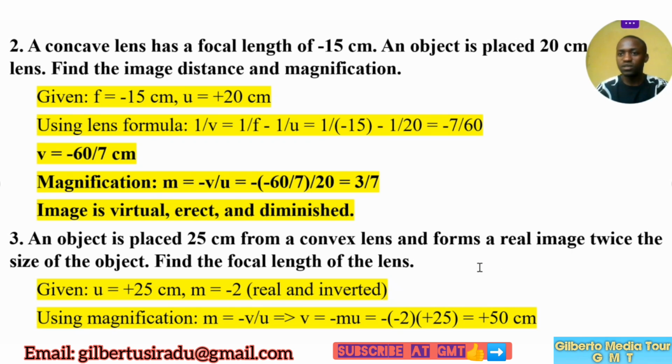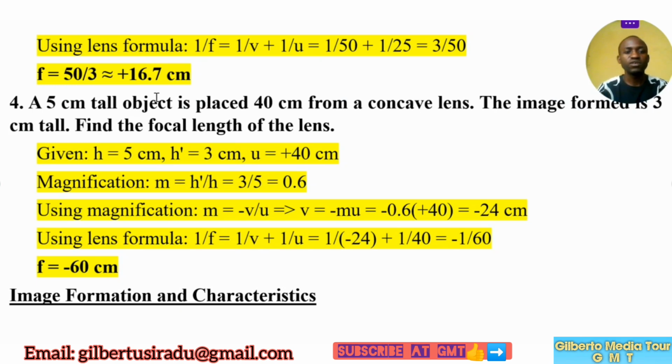The negative sign means we have a real image, and the magnitude is 2 because the real image is twice the size of the object. We apply the formula and find the focal length, approximately 16.7 centimeters.